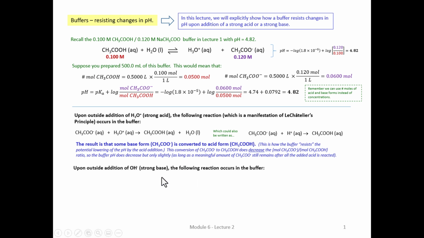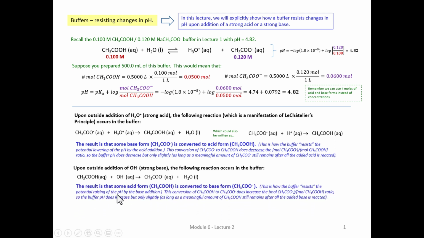Well, what happens if you added strong base, a source of hydroxide from the outside? What would occur in the buffer? Well, kind of exactly the opposite. The strong base that you're adding is going to go after the acid form of the buffer, and it's going to turn it into the base form of the buffer.